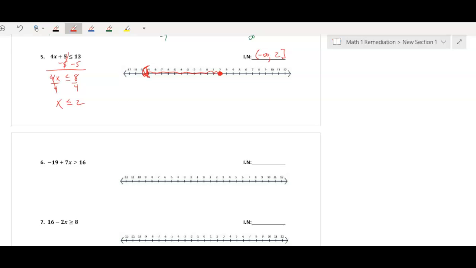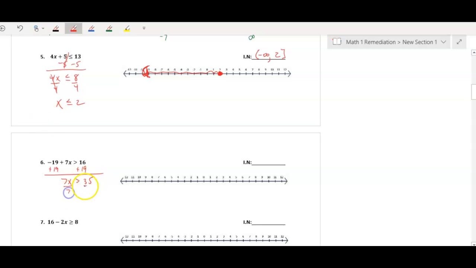All right. Now, next, right away, I know I'm going to go ahead and, in this case, add 19 to both sides. That gives me 7x is greater than 35.